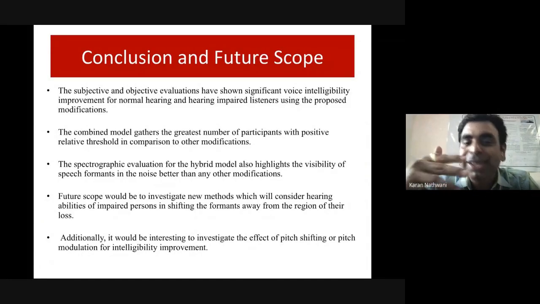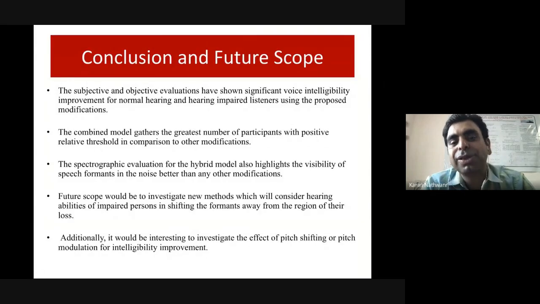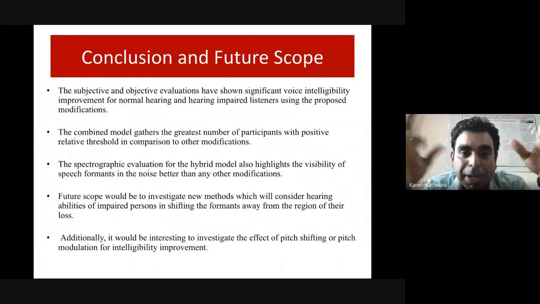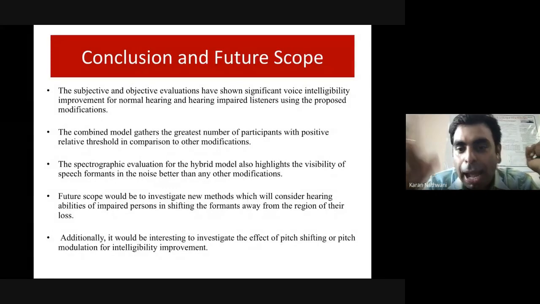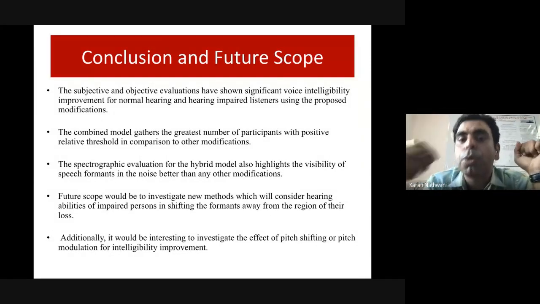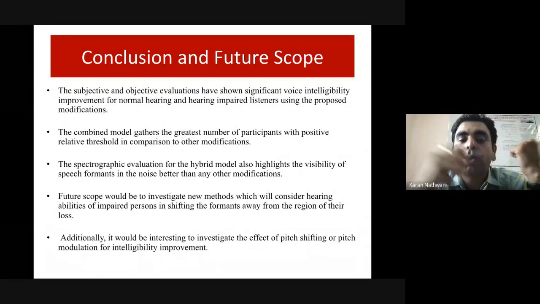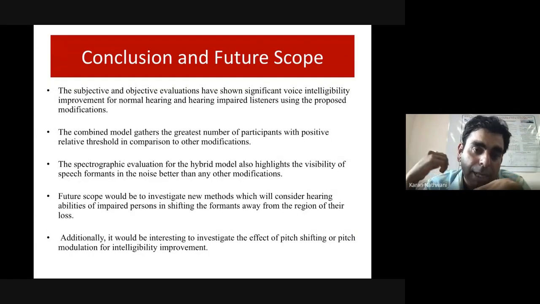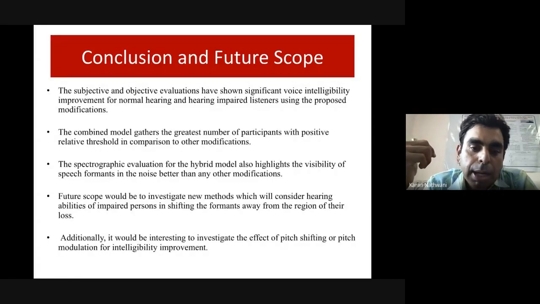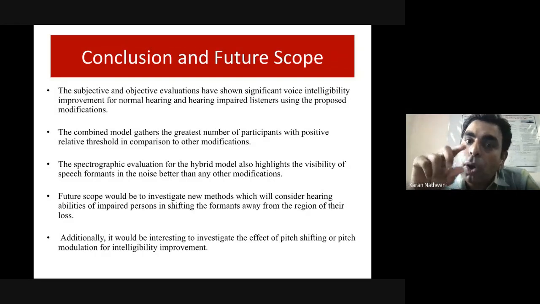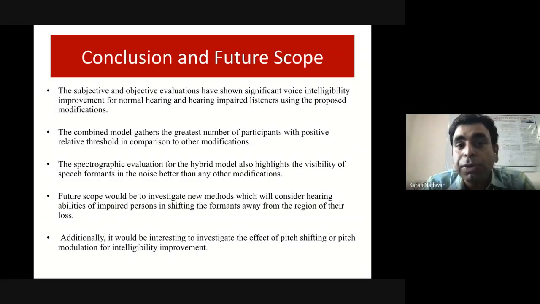There is a lot of scope for still improving: we can find better methods, those parameters can be tuned in a much better way, and we can do a much deeper analysis to find how to further improve the intelligibility of hearing impaired. And at the same time, the next task is, can we also say that improving intelligibility has improved mental health?